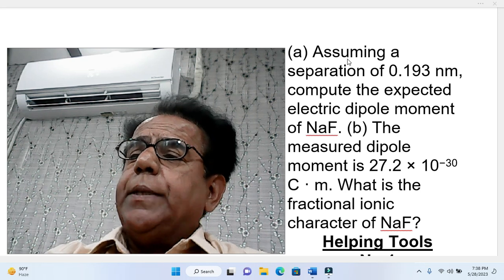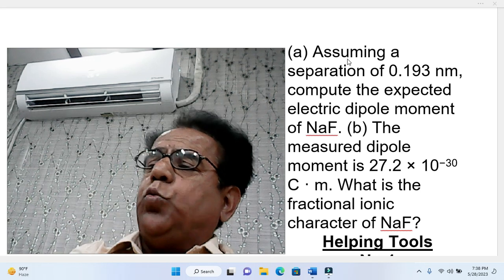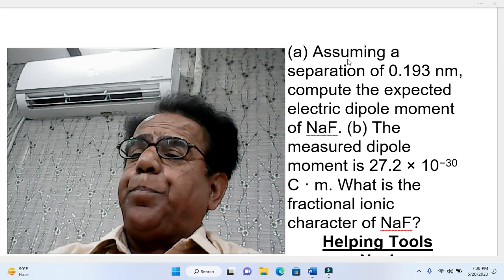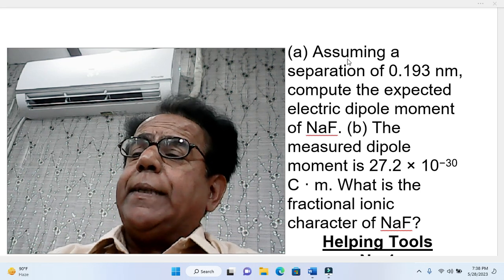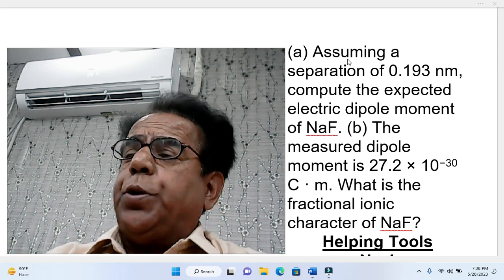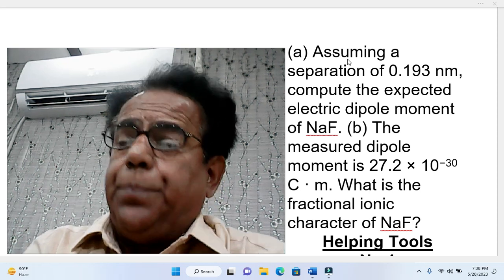Part B. The measured dipole moment is 27.2 into 10 to power minus 30 coulomb meter. What is the fractional ionic character of sodium fluoride?